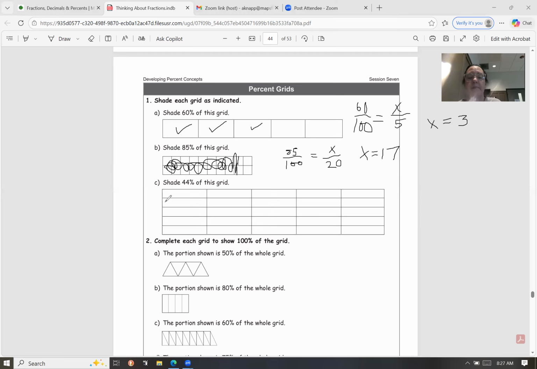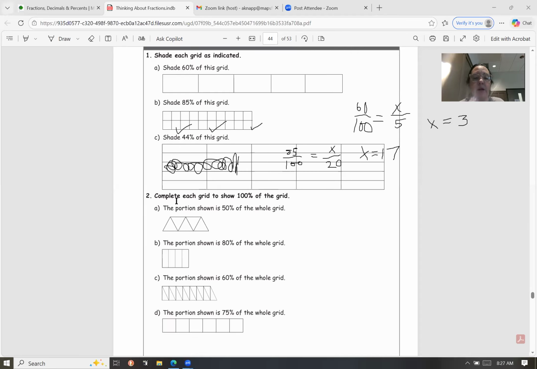Now I'm going to skip C because you figure that out in a similar way. We're going to go to how to complete each grid to show 100% of the grid. Here it's showing you 50% of the whole entire grid. You have to draw in the rest. Well, if this is half of the grid, 50% is half, then you would just need to duplicate this grid.